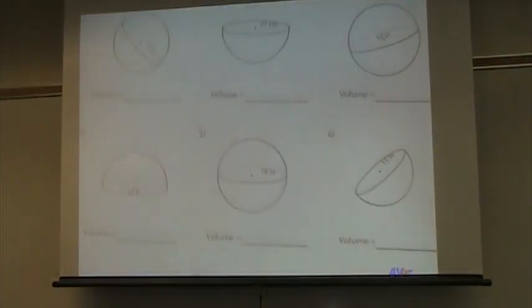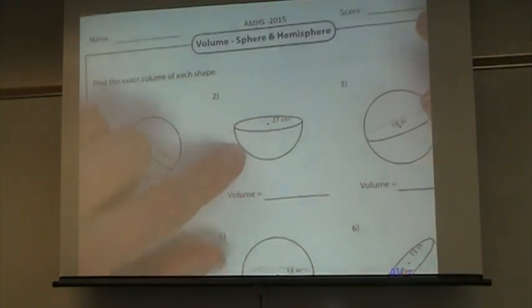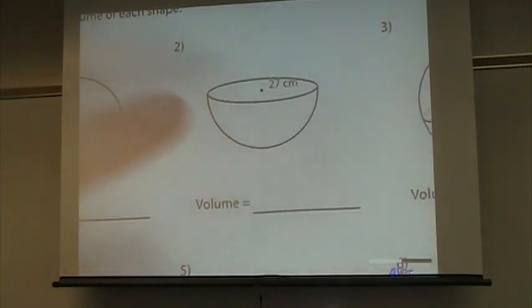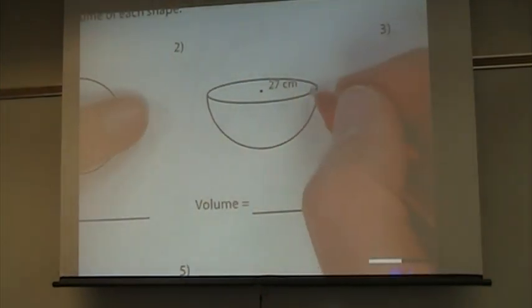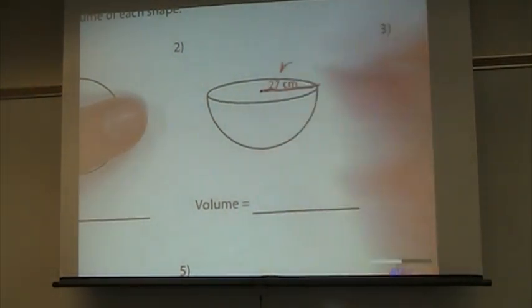There's your sphere example. On this other side, this is a half sphere, or a hemisphere. You're going to have to figure out what the 27 is. Well, the 27 is between the edge and a dot, so the 27 is your radius.